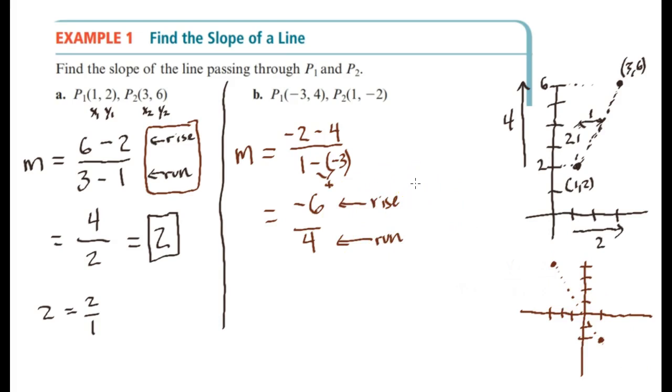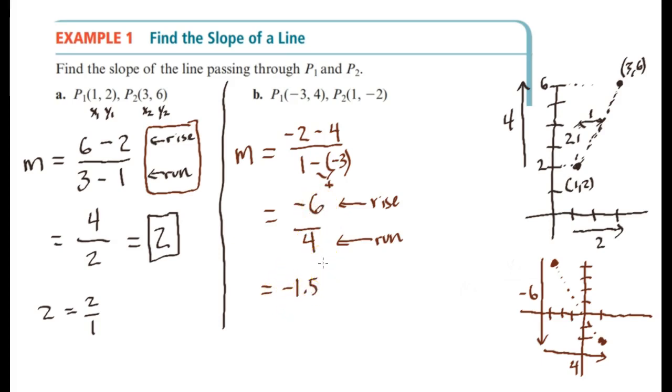This is just saying that if we're going from this point to this point, it goes down 6 units, and it goes to the right 4 units. So rise over run.